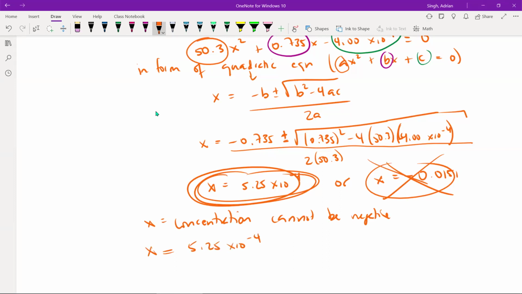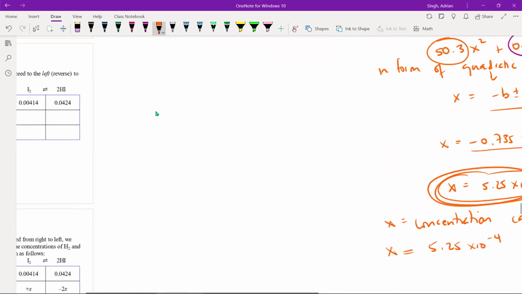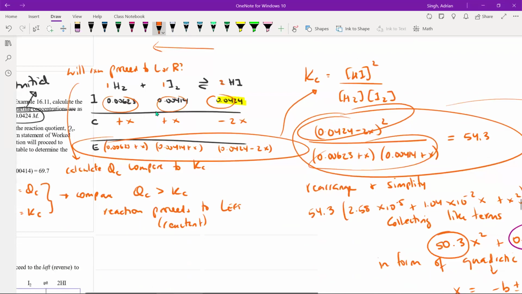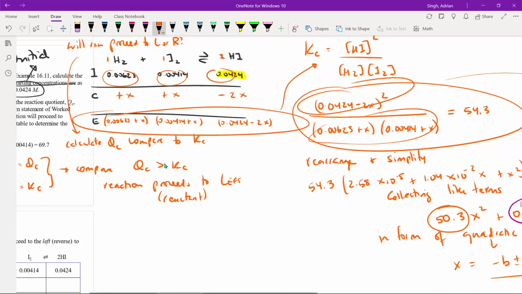We still have a couple more steps. We just solved for x. We need to go ahead and substitute that now back into the expressions that we have for the equilibrium values, right?